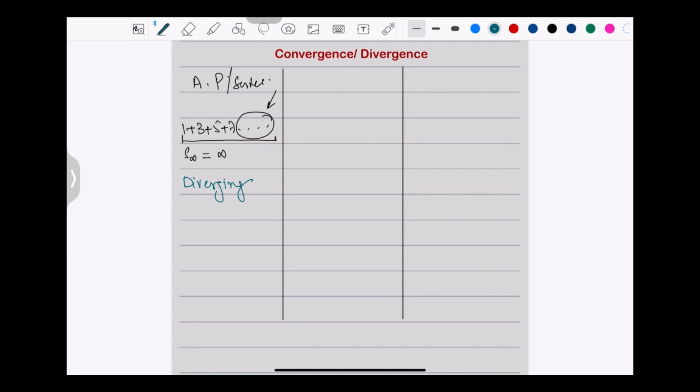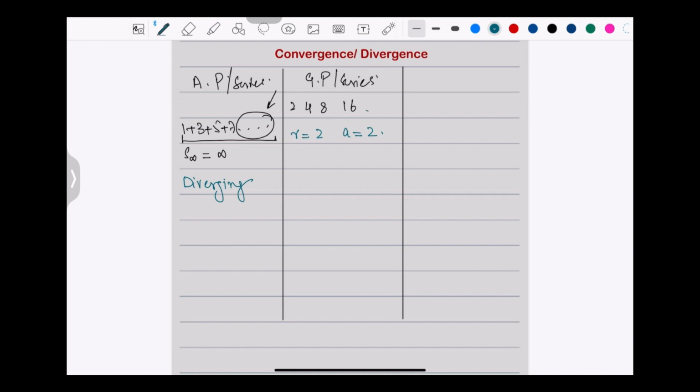So any sum that does not come to a finite number, we say that the series is diverging. But if I say in a geometric progression, let's say GP or series, 2, 4, 8, 16, I can see that the ratio is 2 and the first term is also 2.